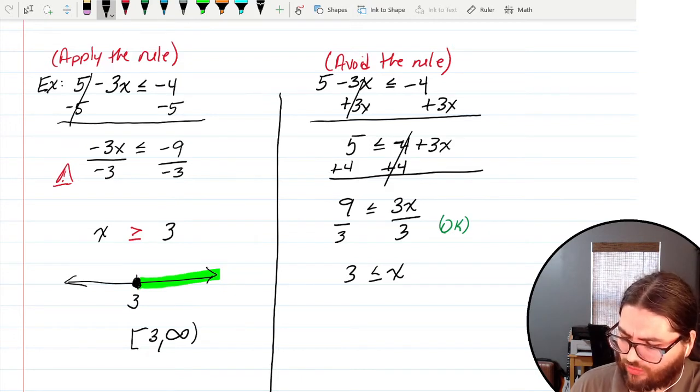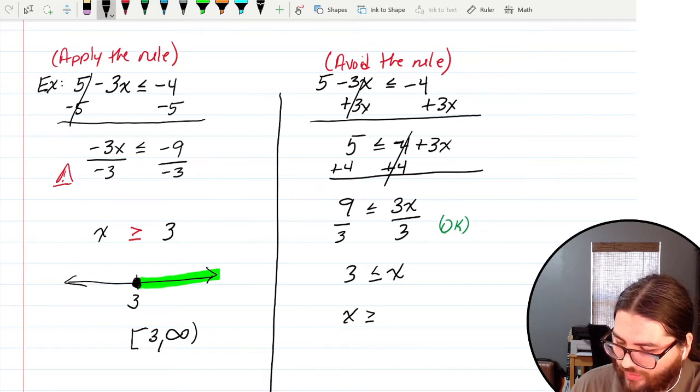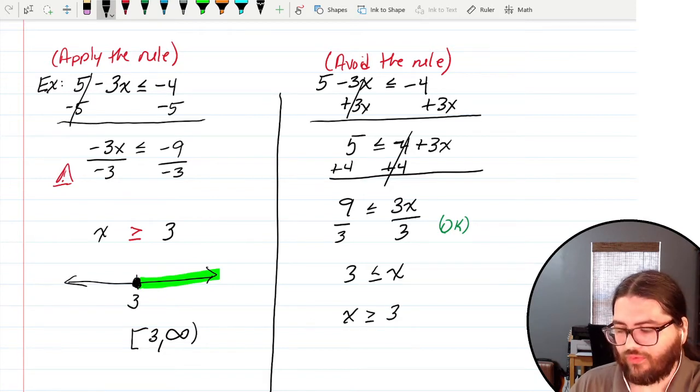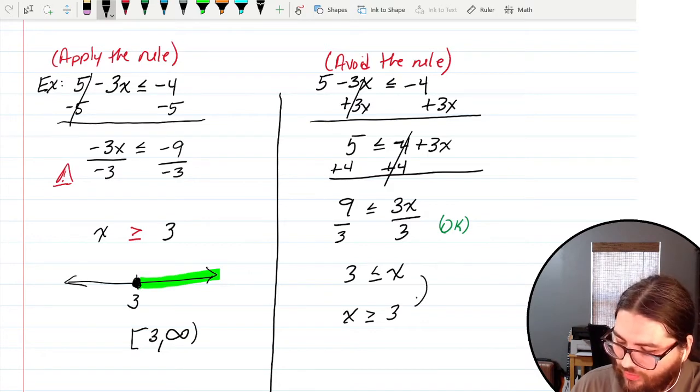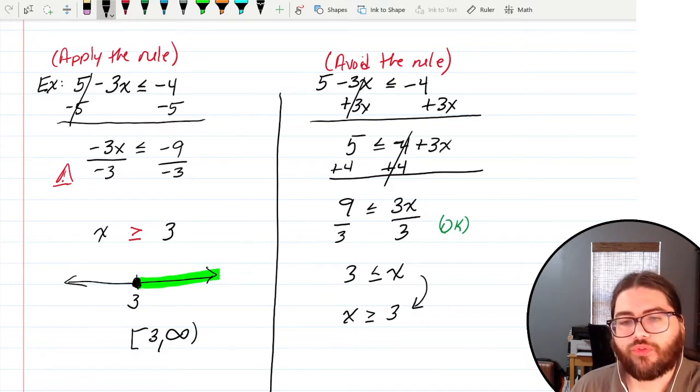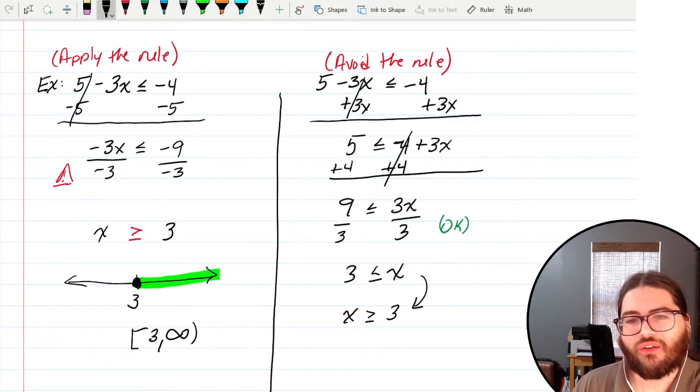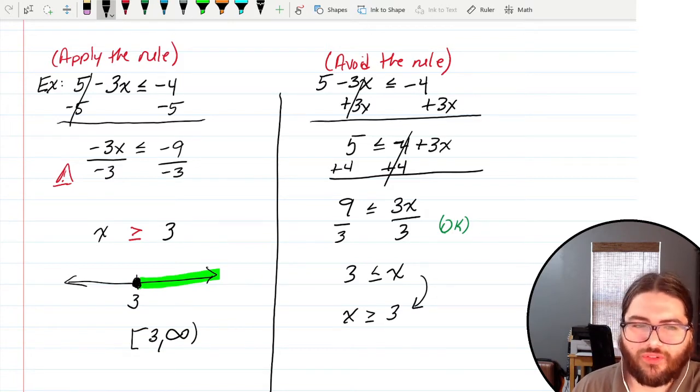But I can change this around, and as long as the big side of the sign points to x, I can do this. So if you prefer to interpret your inequalities this way with the x always on the left side, you can fix that at the end. But you see how in the end we still had to flip it.